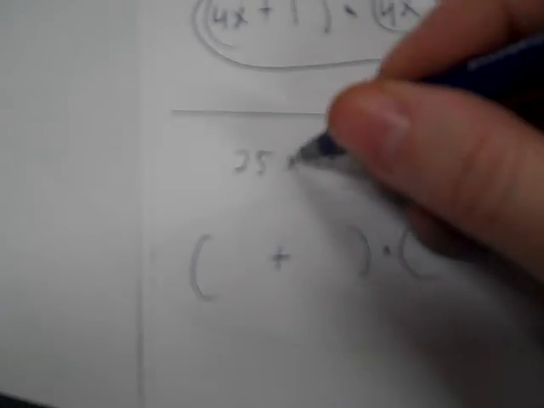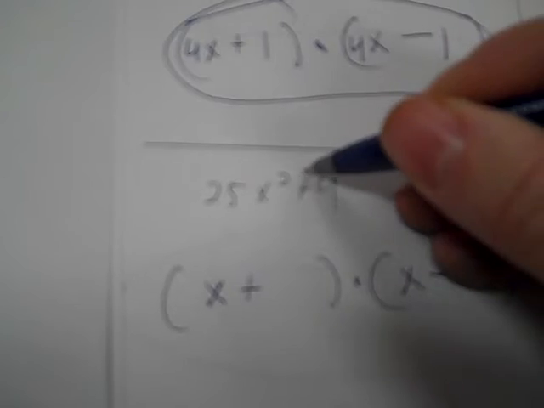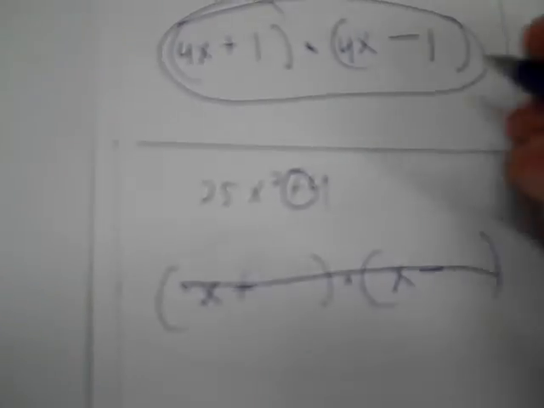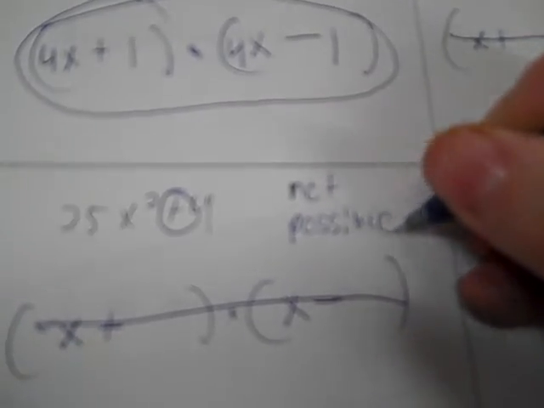Okay, x to the second. But this number's positive, so cross it out. Not possible. It's not possible to factor, meaning I can't come up with the 2 parentheses. It's virtually impossible.